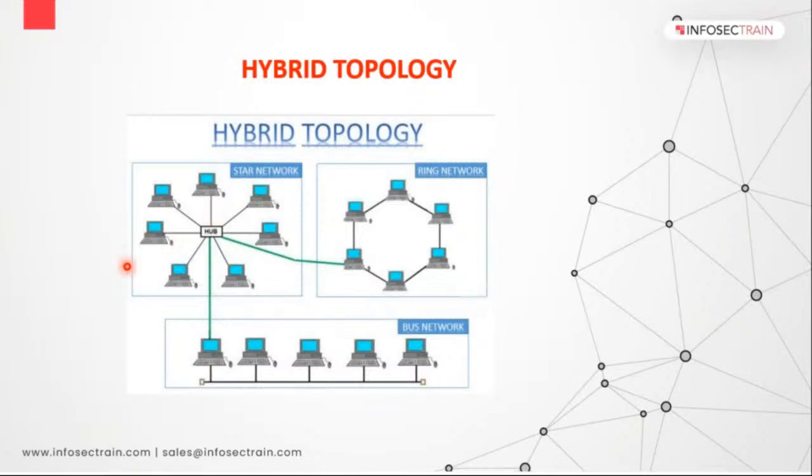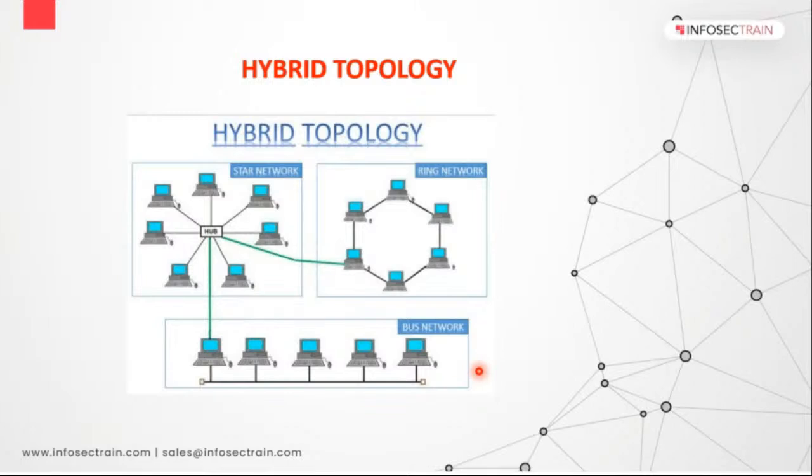Like if we have a star network, the advantages and disadvantages of star topology will be the same. For ring topology, security is the disadvantage. Same for bus topology, security is the disadvantage. So whatever topologies you are using in the hybrid network, the advantages and disadvantages depend on those, right?